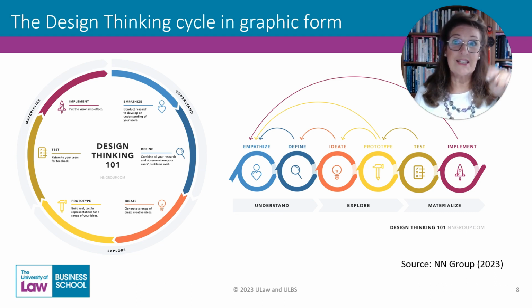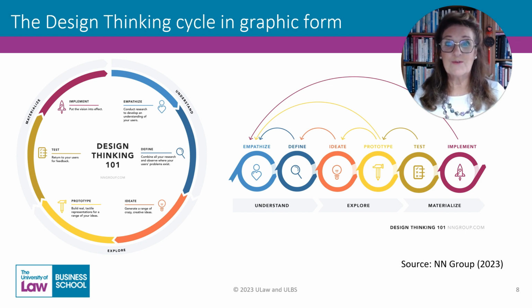It is iterative, meaning you go backwards and forwards. So as you can see from this particular diagram, we're going backwards and forwards. So it has a position in the whole process, but we might go backwards or forwards from it.